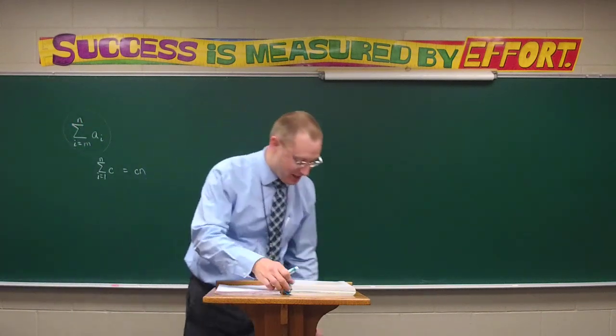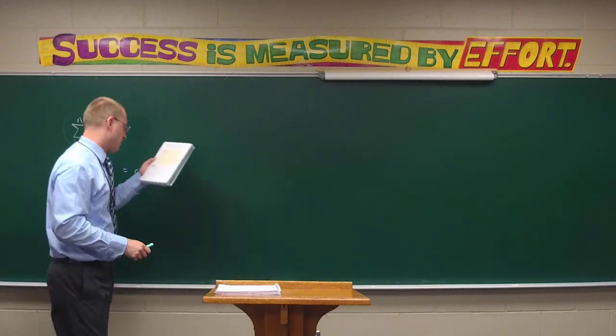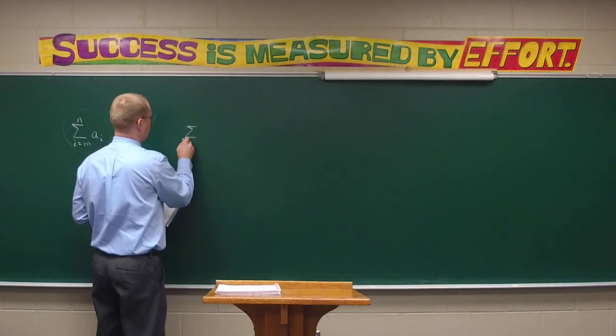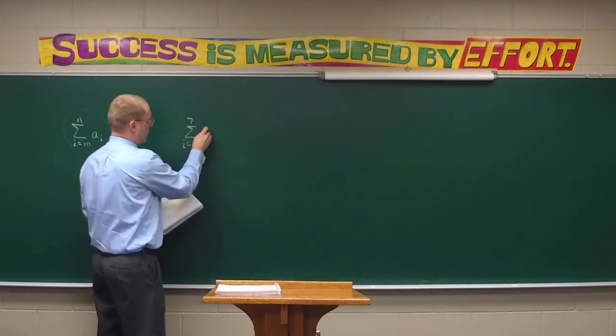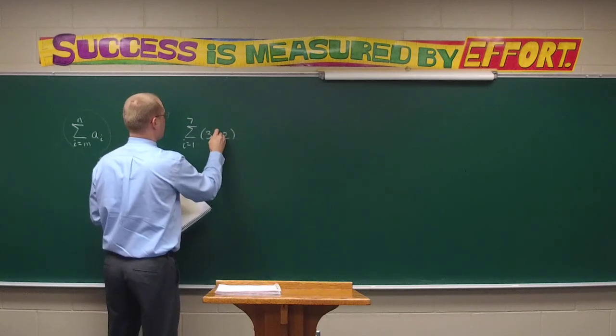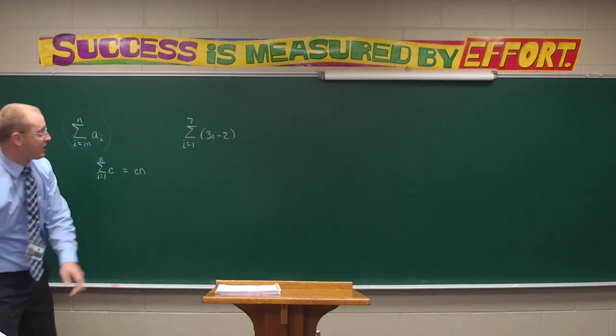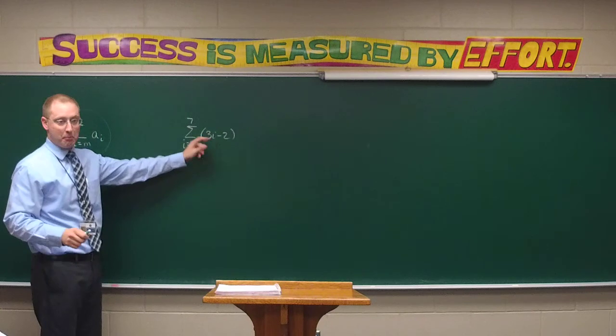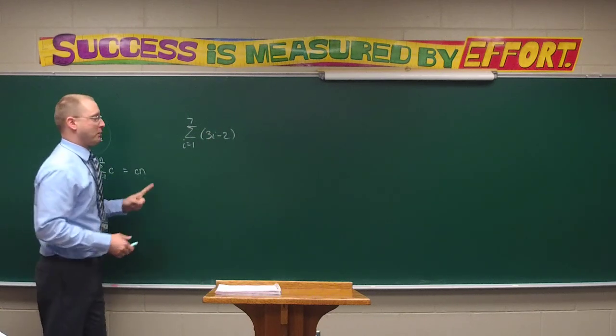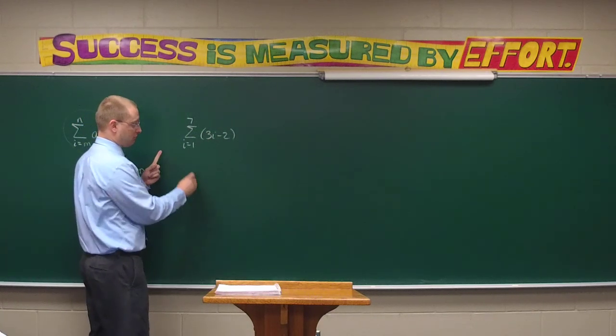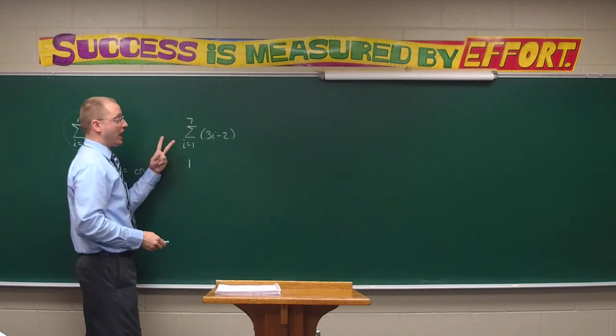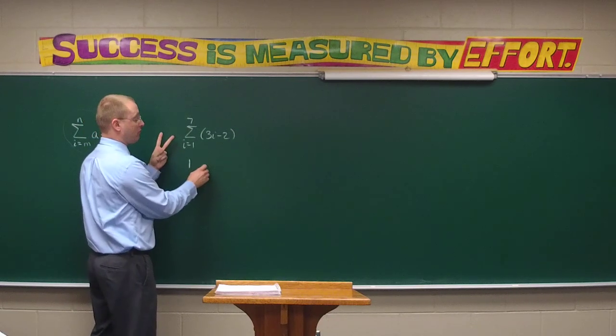All right, number 1, we were given the series from 1 to 7 of 3i minus 2. What that means, class, is we're going to plug in for the i the number 1, and we get a value. Then we plug in the number 2, and we get 4.